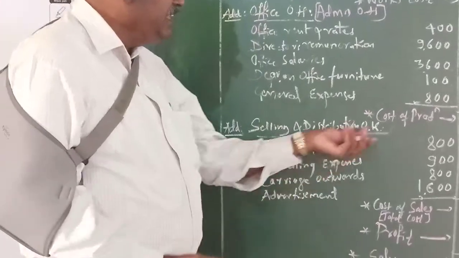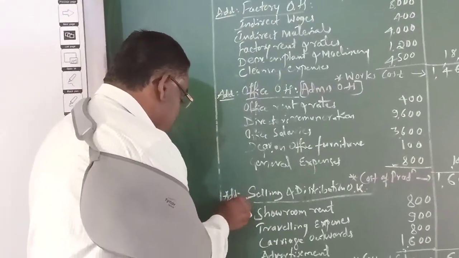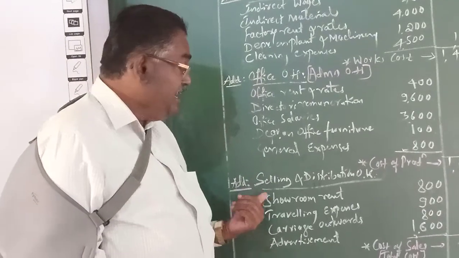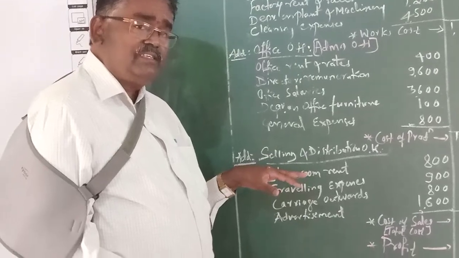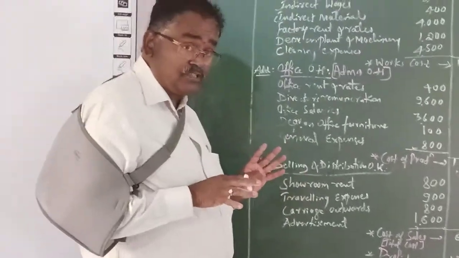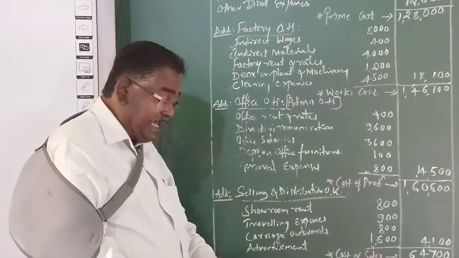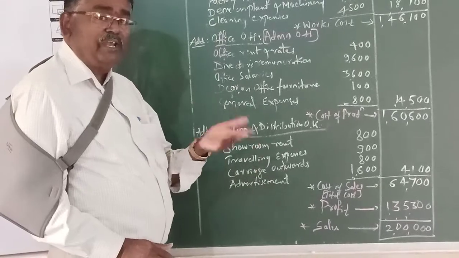Then after getting this cost of production, lastly we add selling and distribution overhead. Selling and distribution overhead means any expenses incurred for sale of goods or carrying the goods outwards to the market.